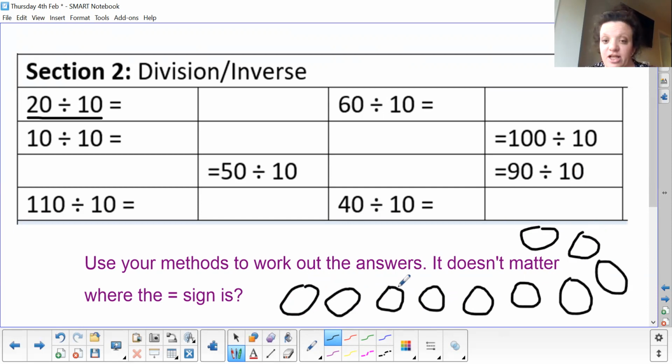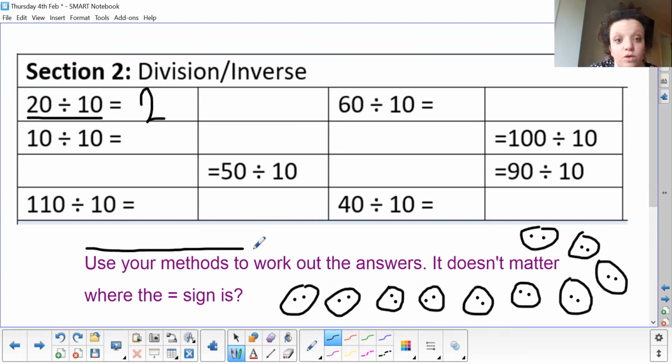And now I can share out my 20. 1, 2, 3, 4, 5, 6, 7, 8, 9, 10, 11, 12, 13, 14, 15, 16, 17, 18, 19, 20. And in each of them, I get 2. So the answer is 2. And then I can count in tens to 20 and see how many tens that makes. 10, 20, 2. Still the same answer.